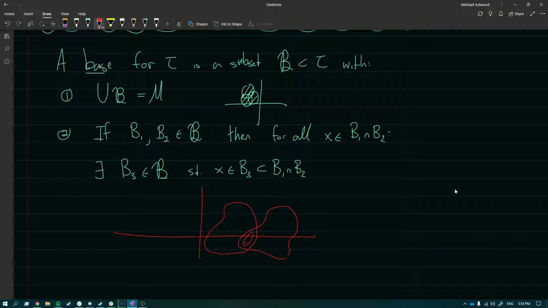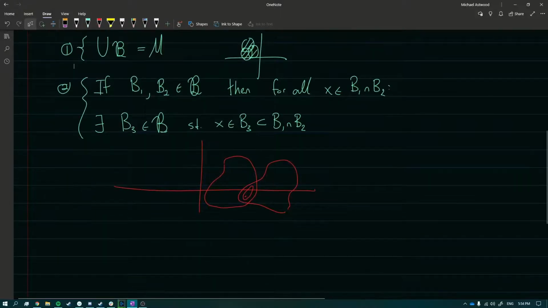So what this does is it allows us to generate all open sets, and there's a proof of this theorem that it generates all the open sets, but I'm not going to do the proof.